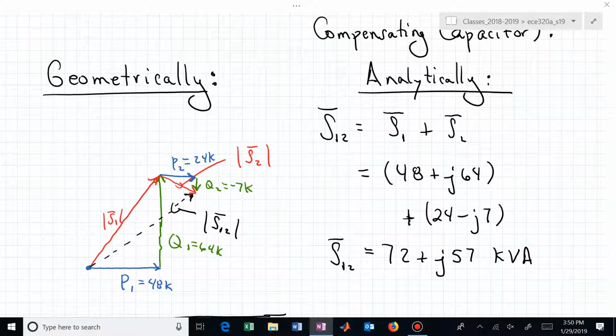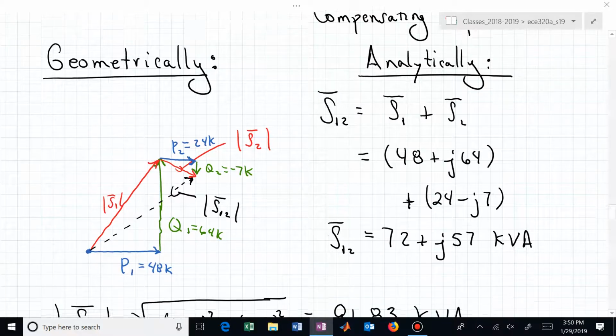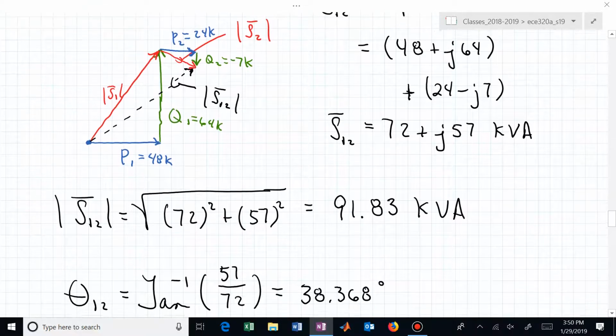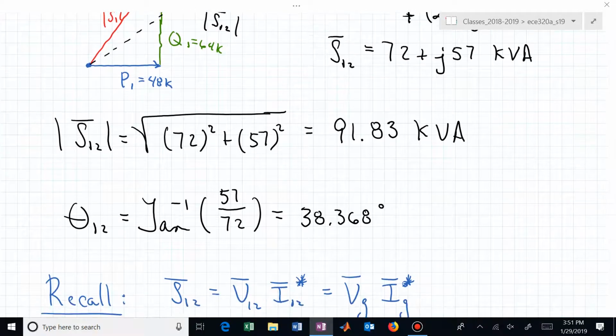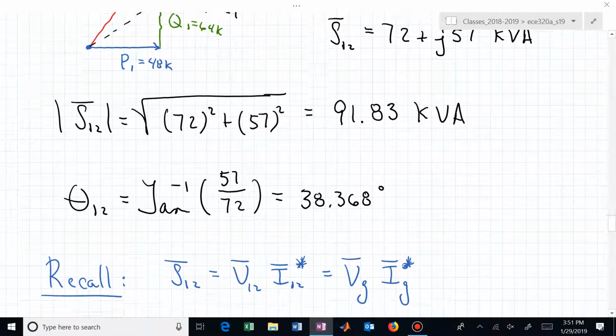Here it's going up, it's positive, it's inductive, it's lagging. The current lags the voltage. If we wanted to calculate that hypotenuse, we do the Pythagorean theorem again to get the hypotenuse, and it's 92 about, and the angle's 38.